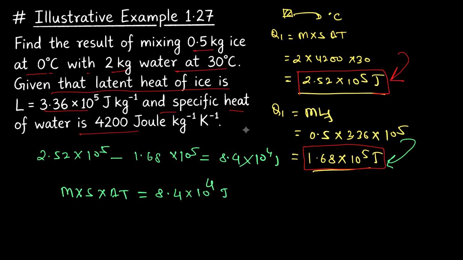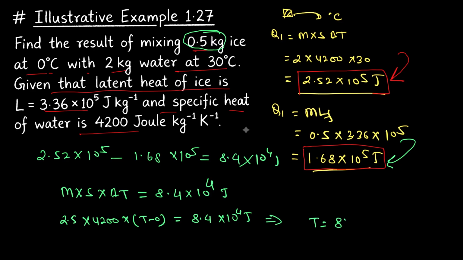So I'll write 2.5, specific heat 4200, and delta T, that is T minus 0, equal to 8.4 into 10 raised to 4 joule. If I solve this whole thing, I will get temperature as 8 degrees Celsius.